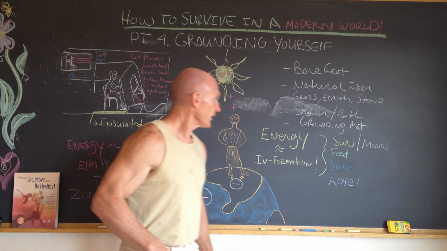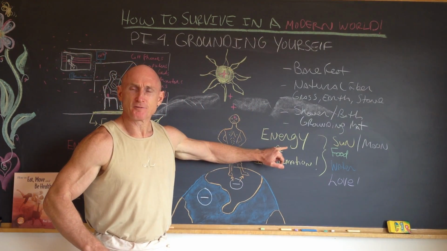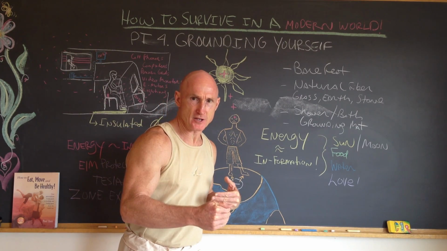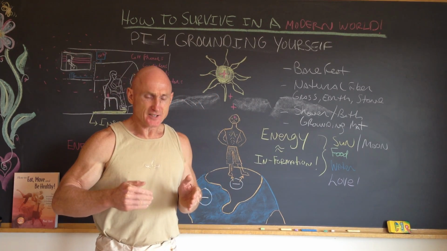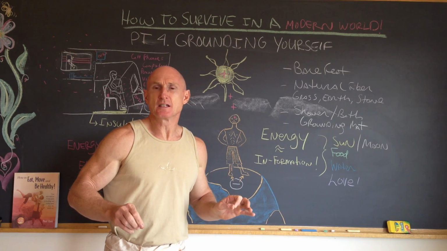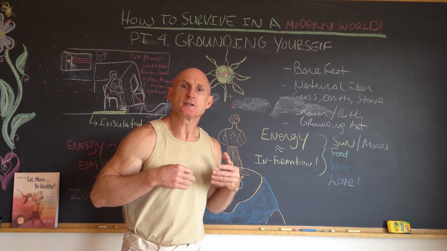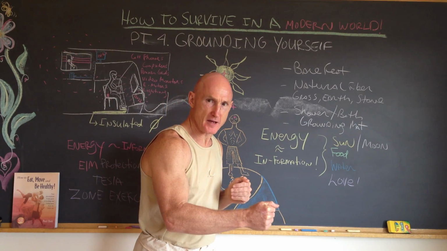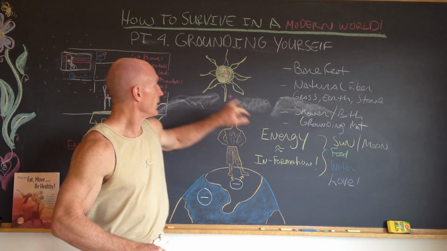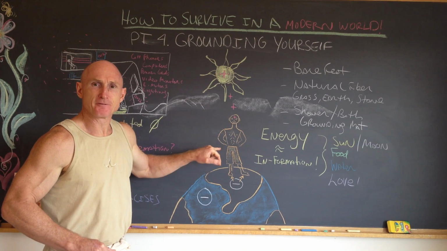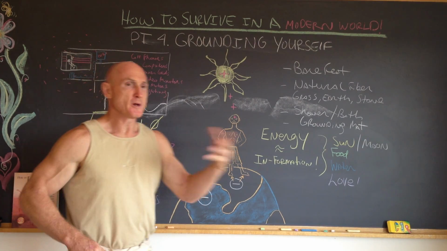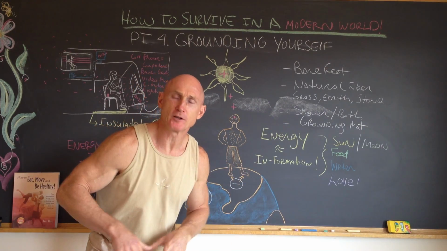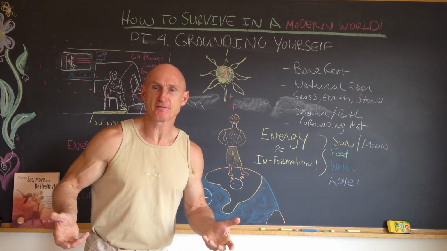Now we want to remember that for all intents and purposes, energy equals information. That doesn't necessarily mean that energy always is information, but in the sense that I'm speaking of it here, energy equals information. For example, we need the energy and the information of the sun. If we don't have the energy and information from the sun, we don't have flowers, we don't have food, we don't have life.